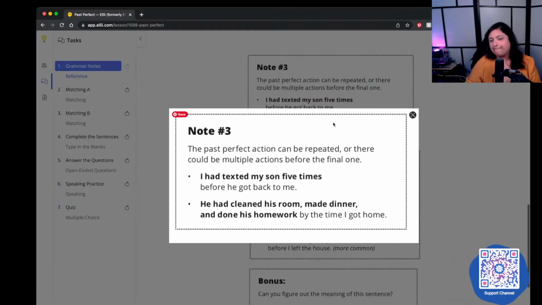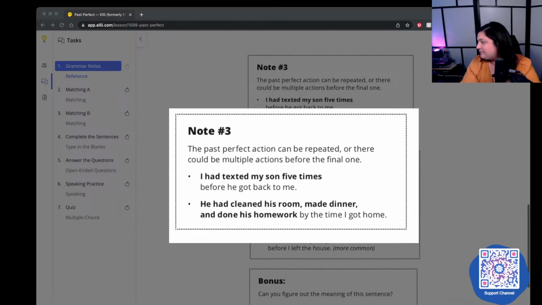Note 3. The past perfect action can be repeated, or there could be multiple actions before the final one.